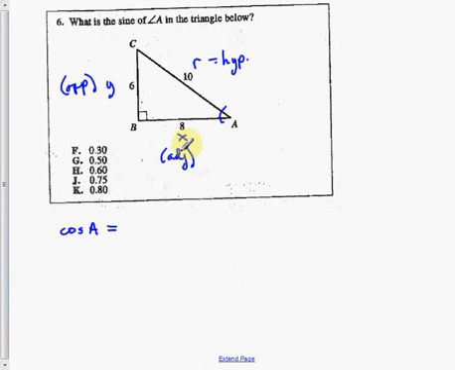It says the same thing, adjacent over the hypotenuse. So X divided by R. And then the sine of angle A is the opposite over the hypotenuse. So that's Y all over R. And then we talk about the tangent of an angle. The tangent of angle A is the opposite over the adjacent, Y over X.